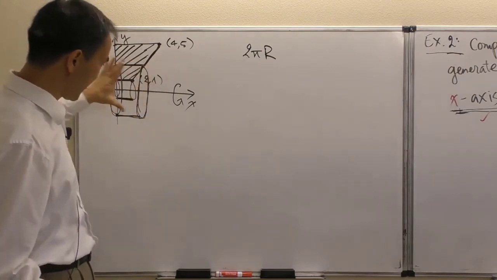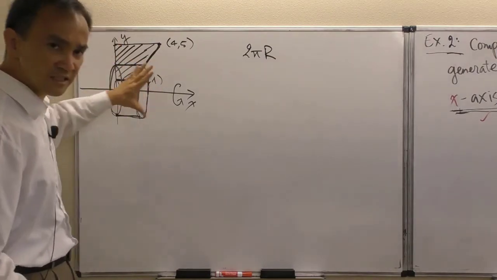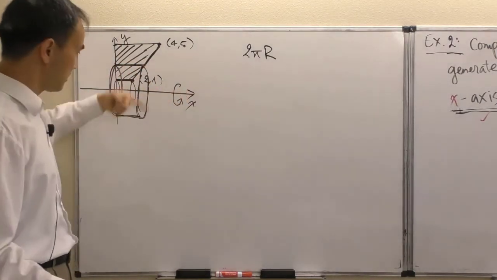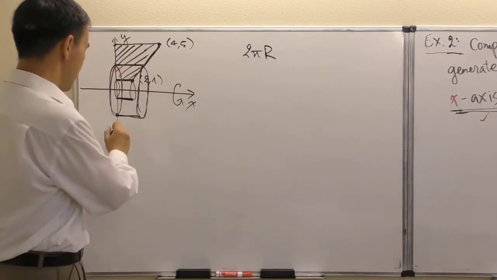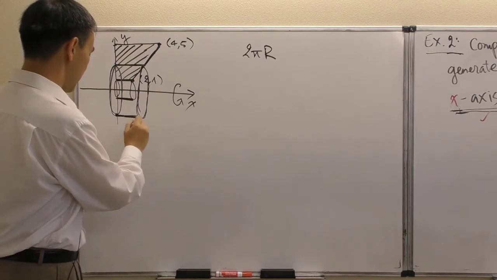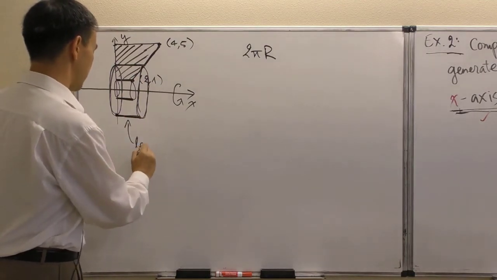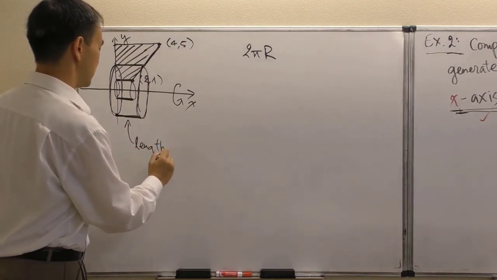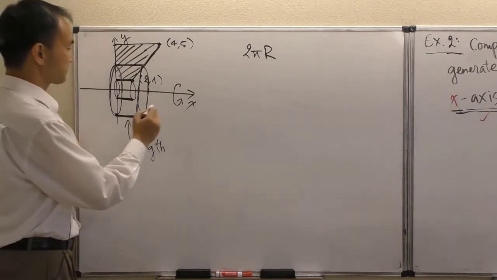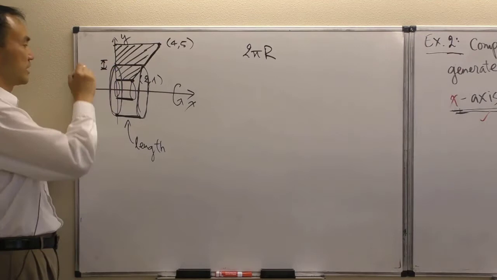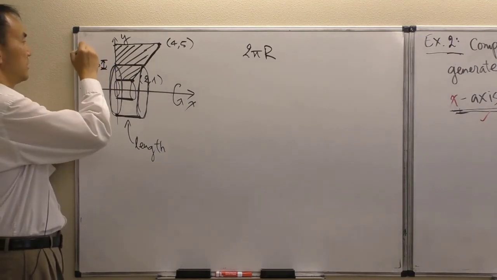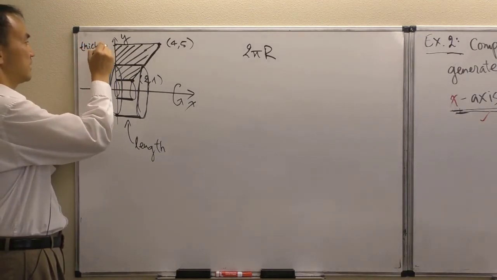And we're putting our cylinder here sideways, parallel, wrapping around the rotation axis in this case, so it's kind of sideways. But see, this side right here is what I call the length. This is the length of the shell. This small distance right here is the thickness.